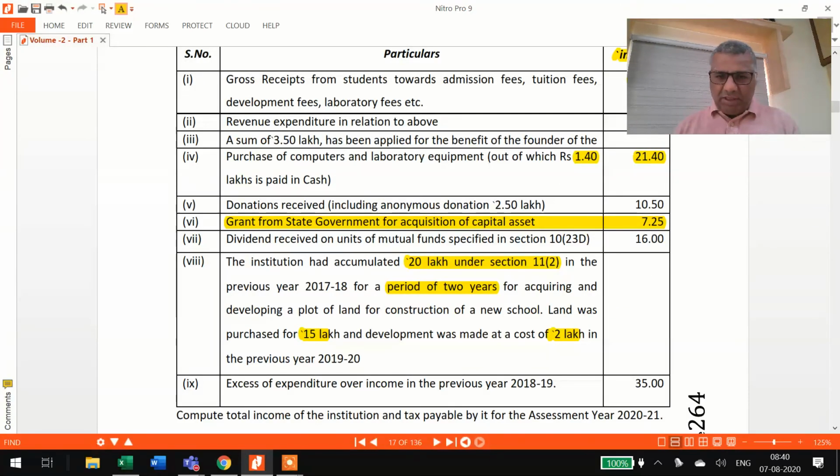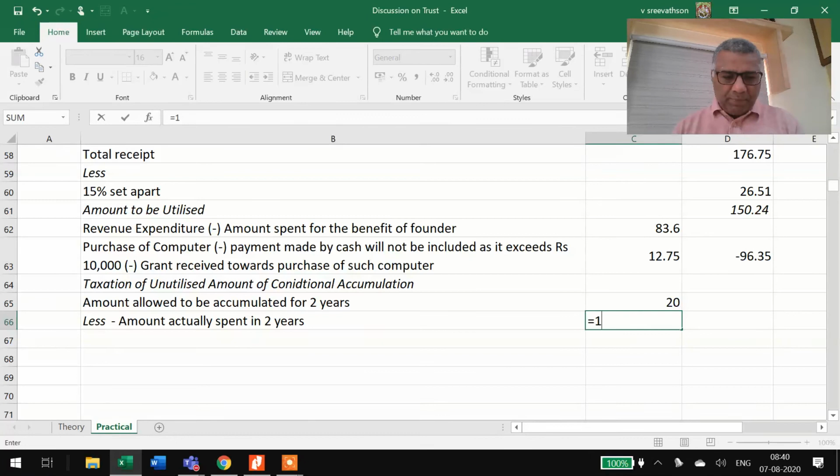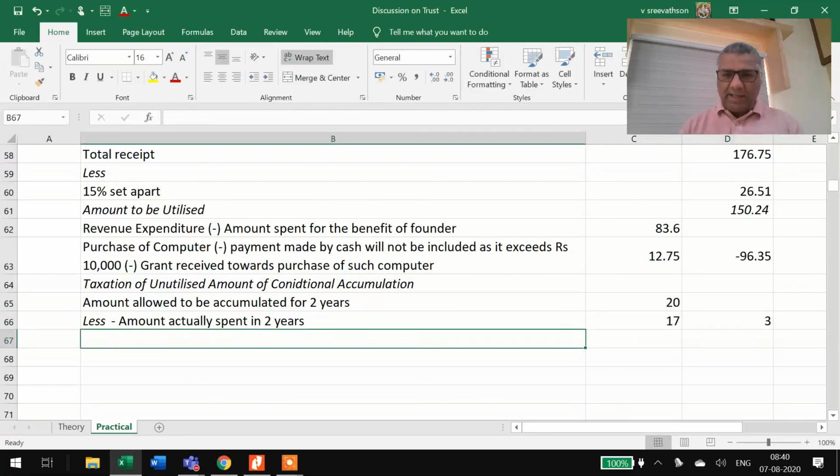So with this year it is over. 15 plus 2, 17. So the reversal will be 3 lakhs. The unutilized amount will become taxable.